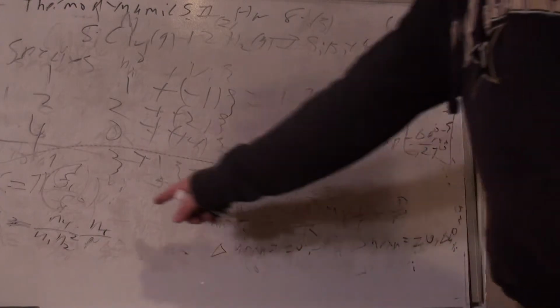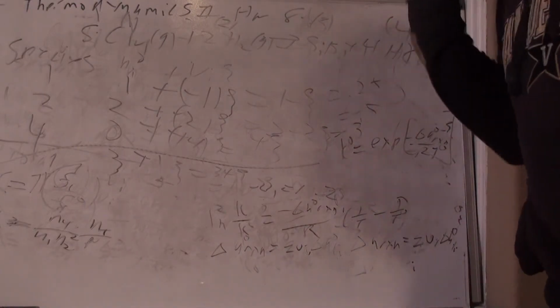Well, maybe a lower pressure is good in terms of how this reaction actually processes. But it doesn't matter. I just gotta make sure I plug in 100 pascals in bar.